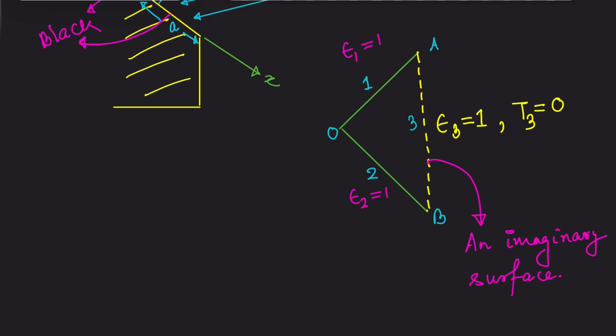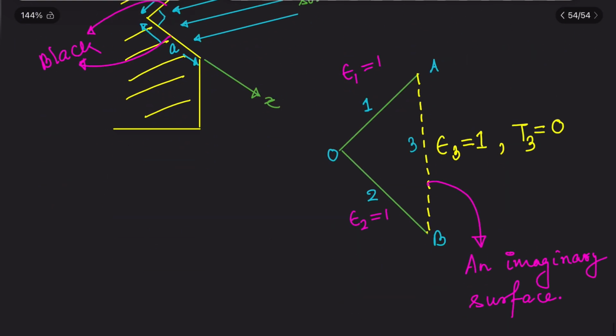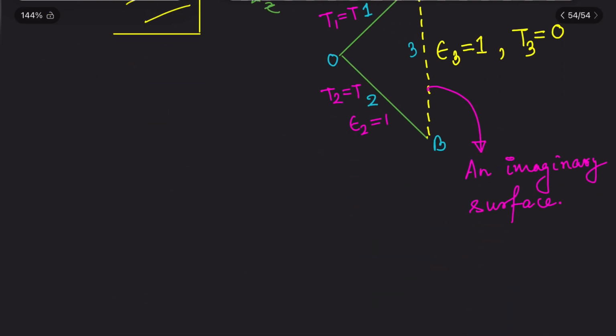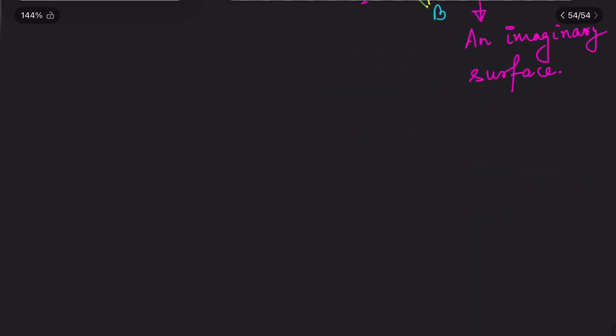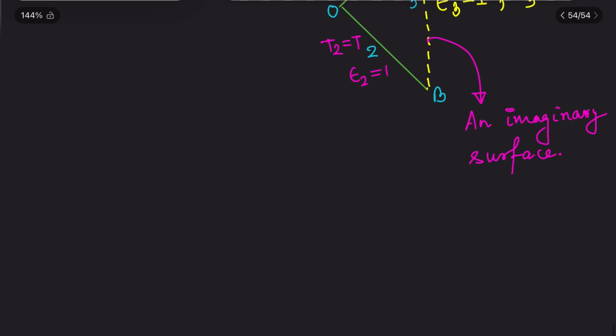Now in the problem it is also given that the groove is isothermal, that is, my T1 and T2 are equal, and I am naming it T. Now what I will do is solve it by the method of simultaneous equations.